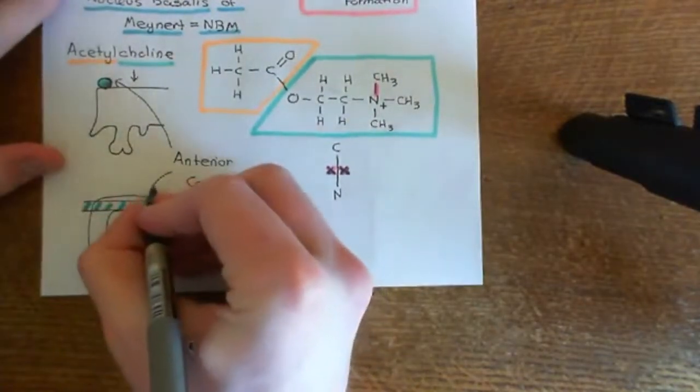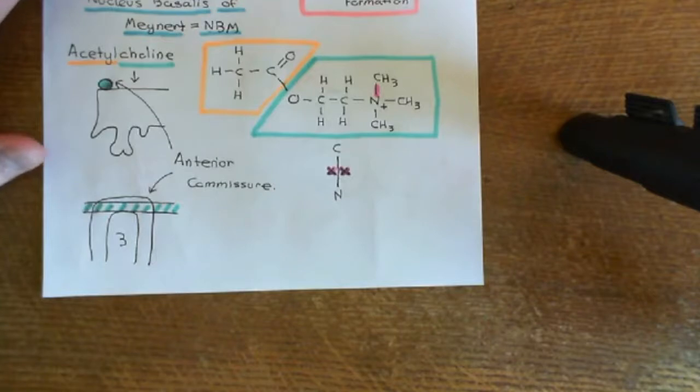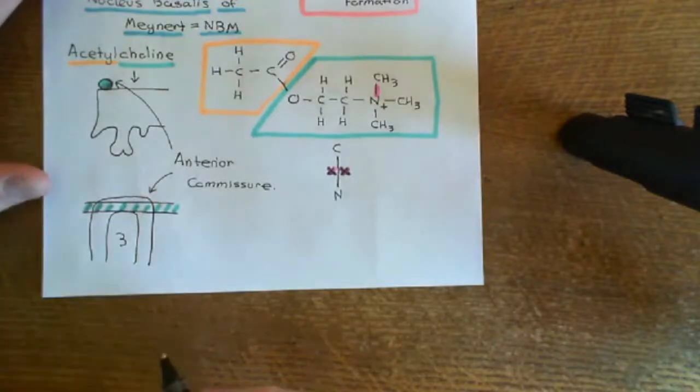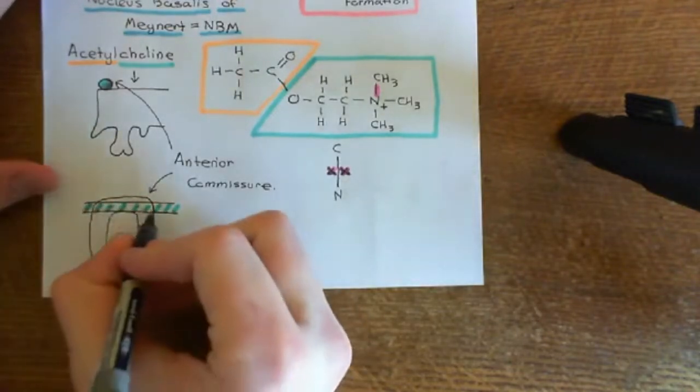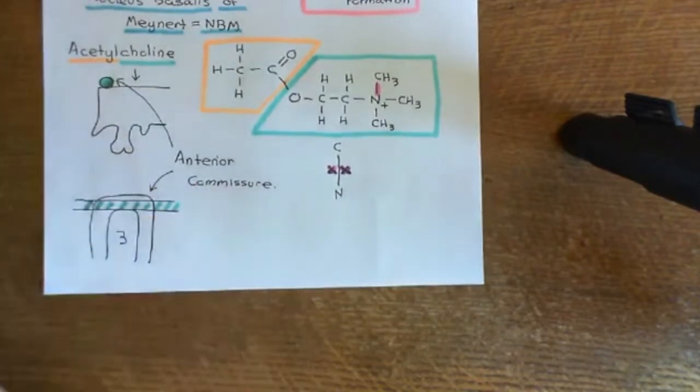Now let me show you where the nucleus basalis of Meynert is on this picture. The first thing to say is that you have two nucleus basalis of Meynerts: a left nucleus basalis of Meynert, and a right nucleus basalis of Meynert. I'll show them on this picture first, so let me extend the anterior commissure a little bit.